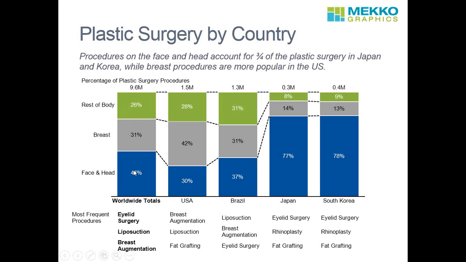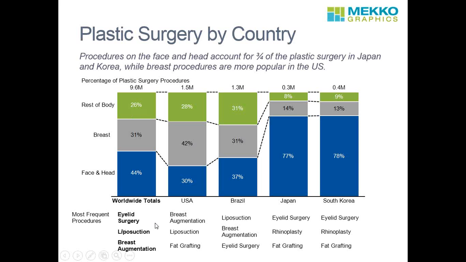You can see that worldwide, it's somewhat evenly divided between face and head, breast, and rest of body, whereas in Japan and South Korea, over 3/4 of the procedures are on the face and head. So a very different approach to plastic surgery in the 3rd and 4th largest markets, Japan and South Korea, than in the 1st and 2nd biggest markets, USA and Brazil, and very different than the worldwide totals.